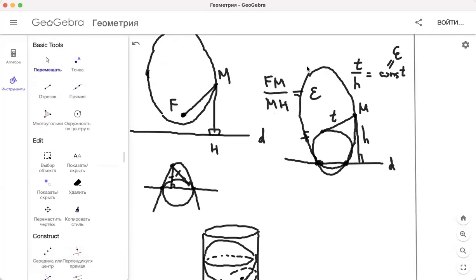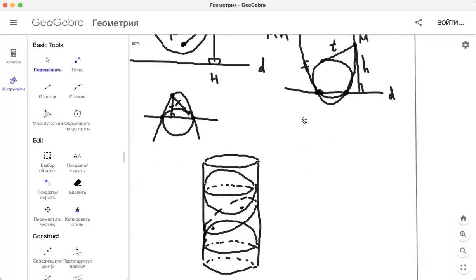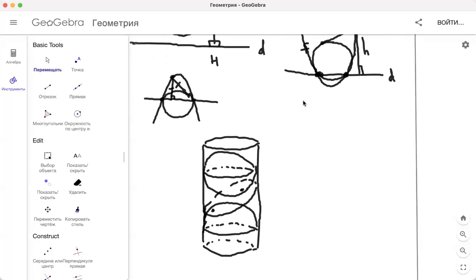How can you use it? Here we consider the situation when the spheres are tangent to this plane. But what if we move these spheres further? We can move the upper sphere down.